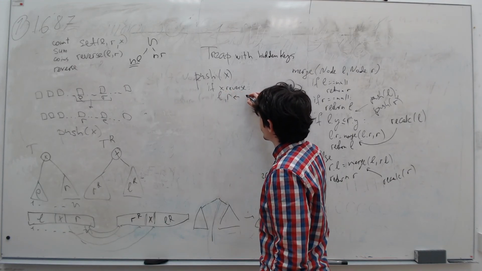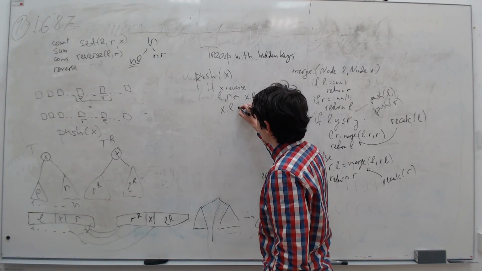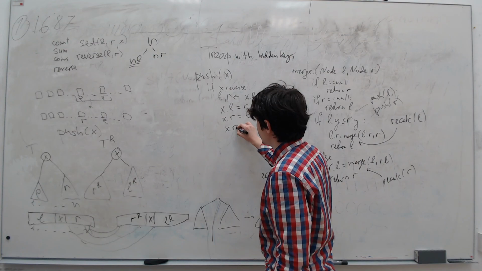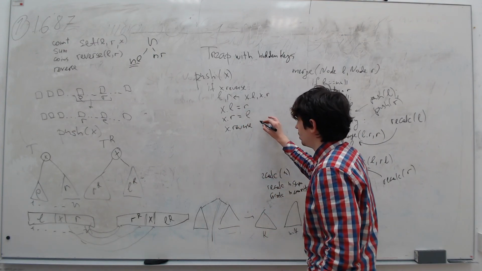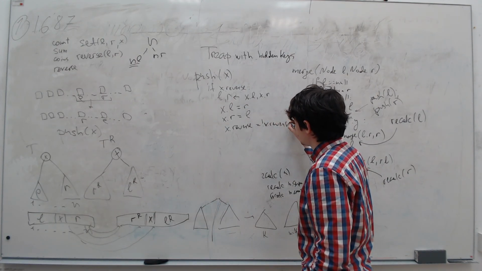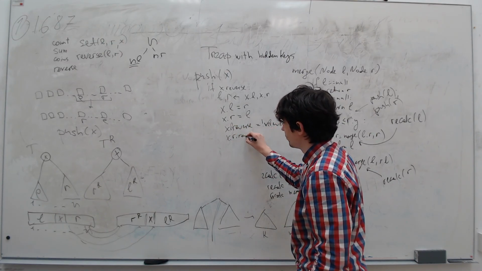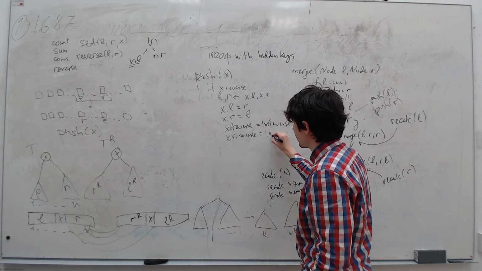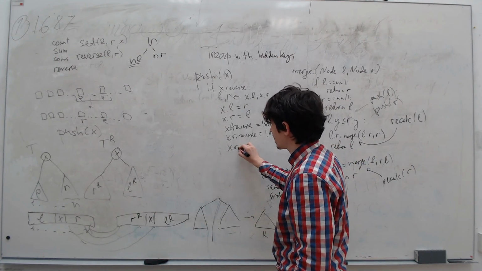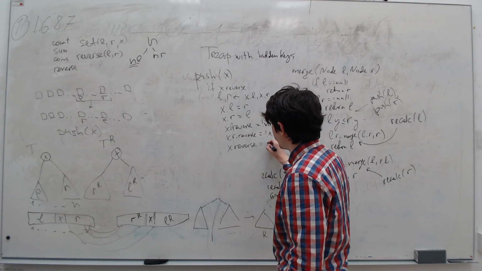I will read x.l and x.r, and I will set x.l equals r, x.right equals left. Then I say, okay, please reverse it in the future: x.l.reverse equals not x.l.reverse, x.r.reverse equals not x.r.reverse. And then finally we set x.reverse to false.